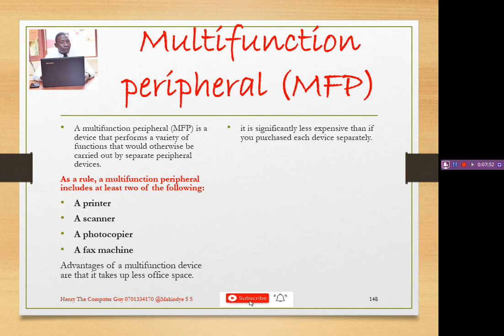It is also significantly less expensive than purchasing each device separately. You buy a printer, a scanner, a photocopier, a fax machine. When you combine the cost of all 4 components, a multifunctional peripheral is far cheaper than that.